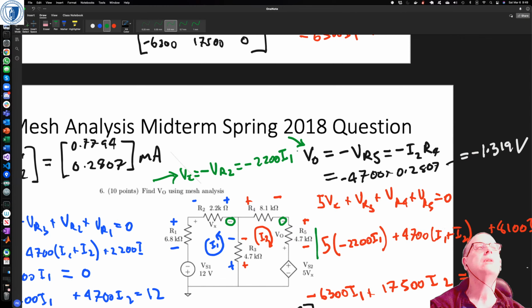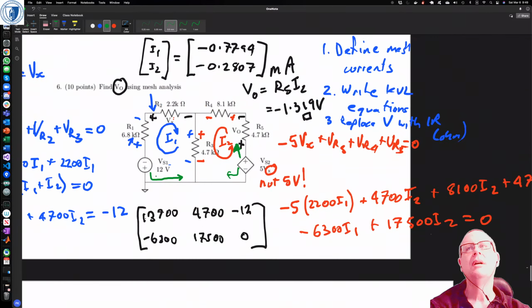Is that right? Well, remember once you've defined the current direction, that effectively also defines the polarity on the resistors, because the resistors have to satisfy the passive sign convention, right? So you'll notice here on R1 the positive is at the top and the negative is at the bottom, but on R2, because I chose I1 going in the other direction, now the positive is on the bottom, and the negative is at the top.